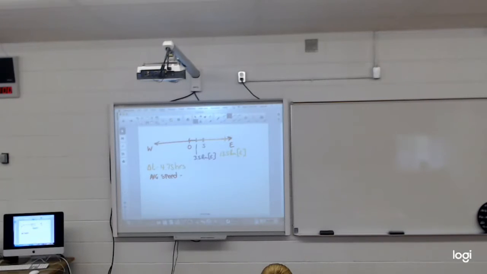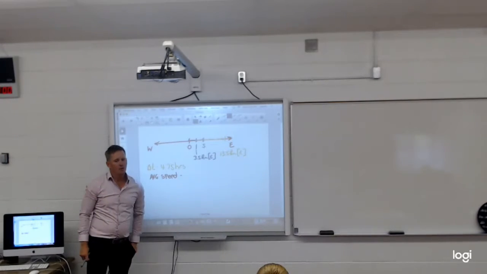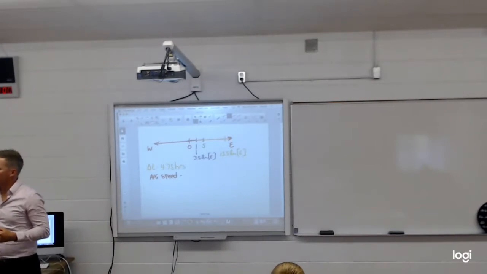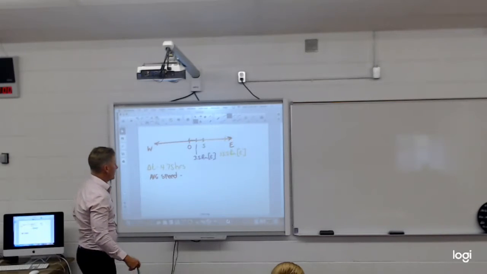Should we be changing that 0.75 hours into minutes? Okay. What's the first thing I need to do in order to find average speed? Total distance. And what was the total distance? 16.5 kilometers.